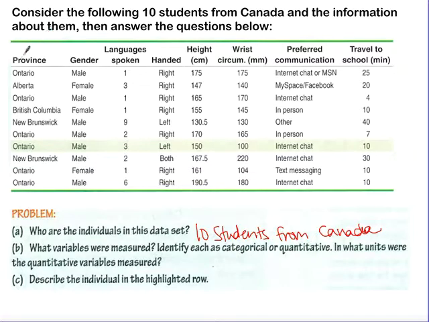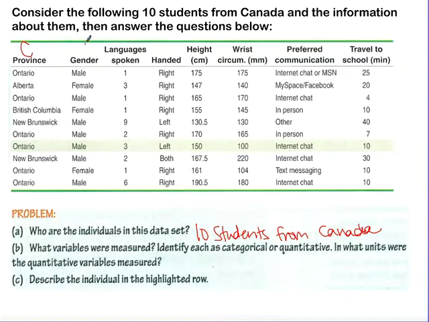And so if we go through these, we can identify them each as categorical or quantitative, because we know that categorical is kind of like a group that we can put this person in, and quantitative would be a number value that we could find the average of. And so province would be an example of a categorical variable, because we could group all of these people based on where they live.